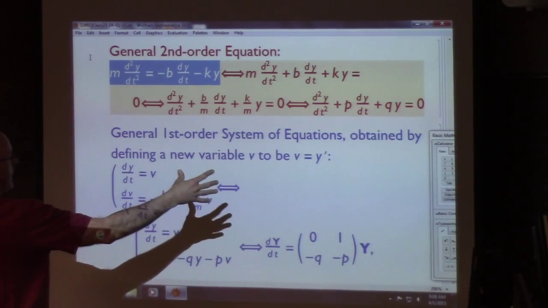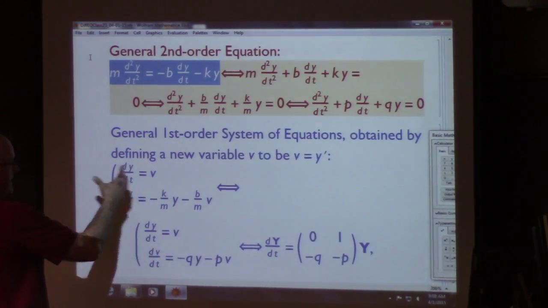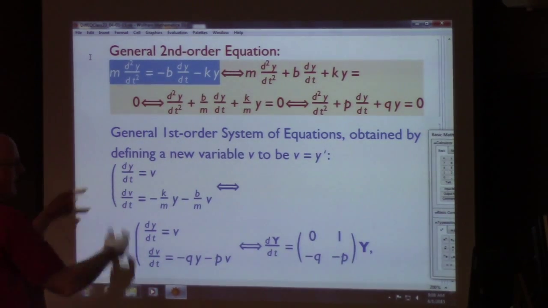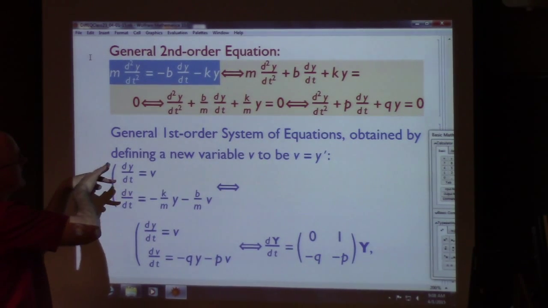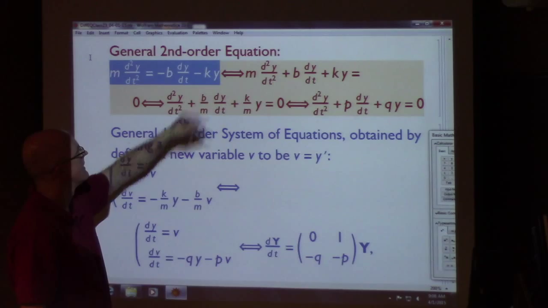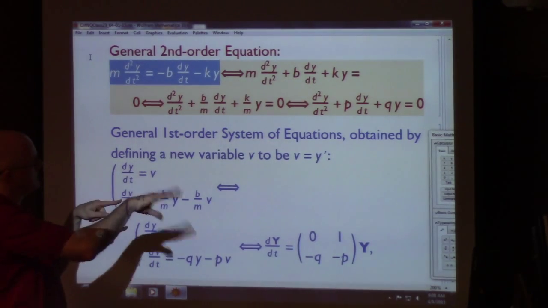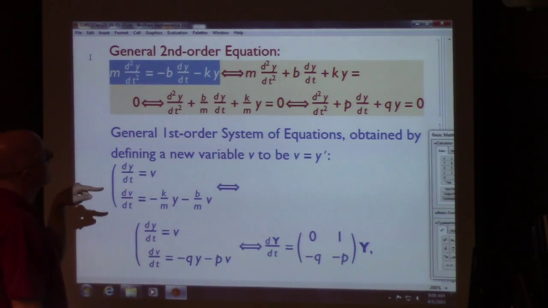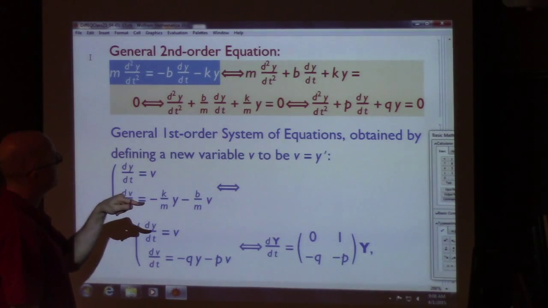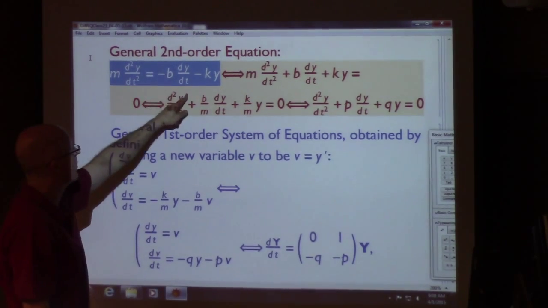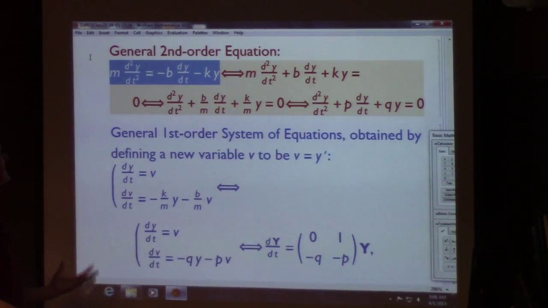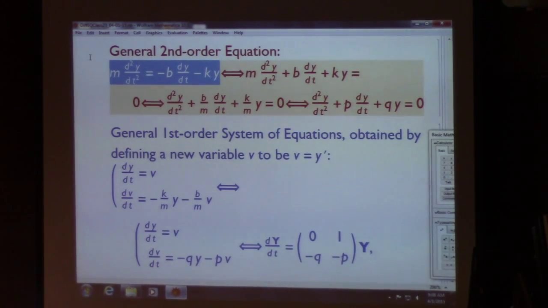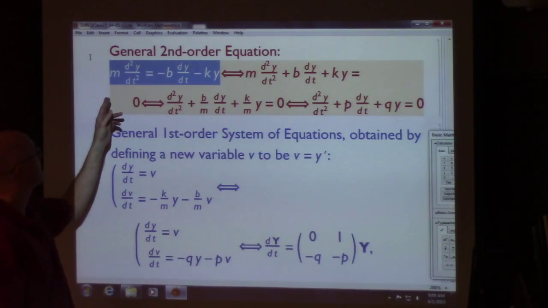When it comes to passing through the equilibrium position and coming back this way before heading back the other way, its position y would be negative, and so the spring restoring force would be in the positive direction. But if it's moving to the right, that means the velocity is positive, so the damping quantity would be pointing in the negative direction. Okay, that gets confusing. You have to think carefully about that, but that's a quick summary of what's going on.